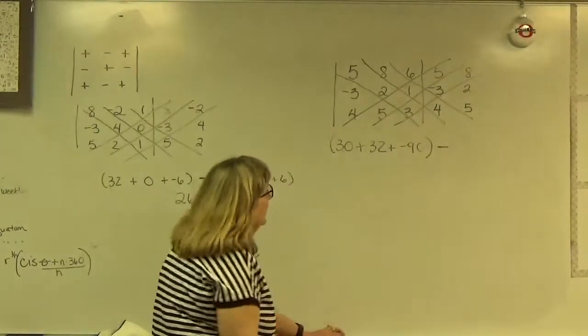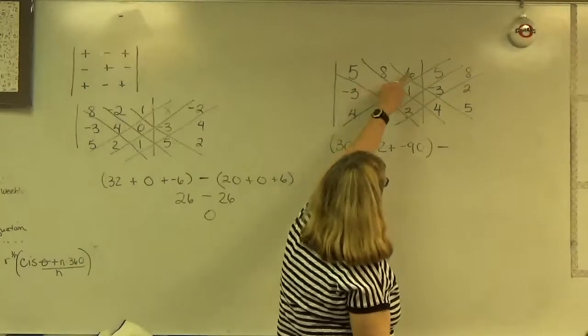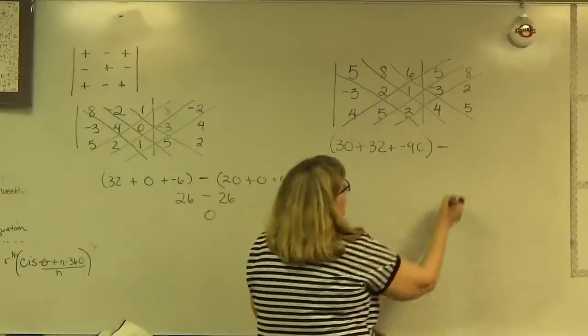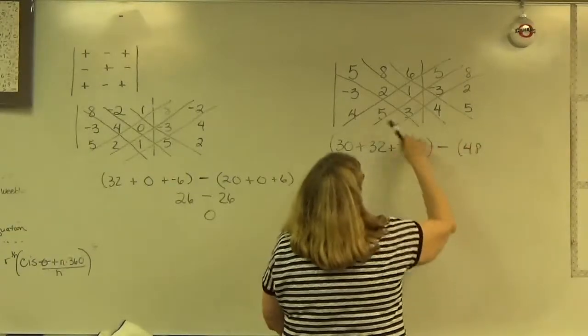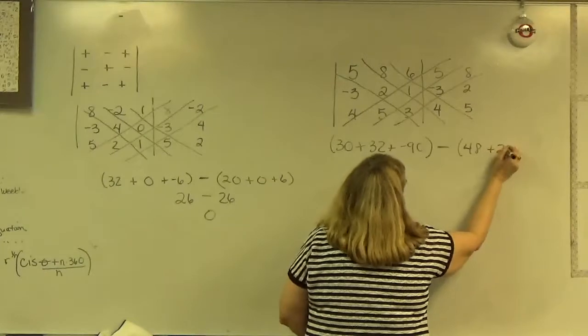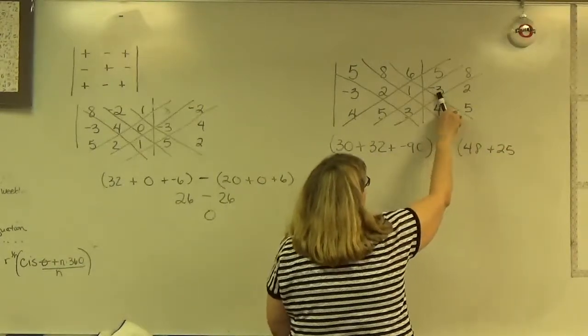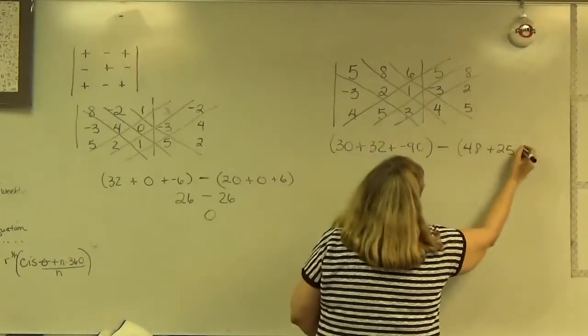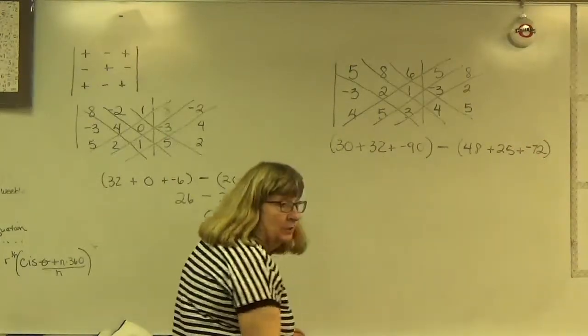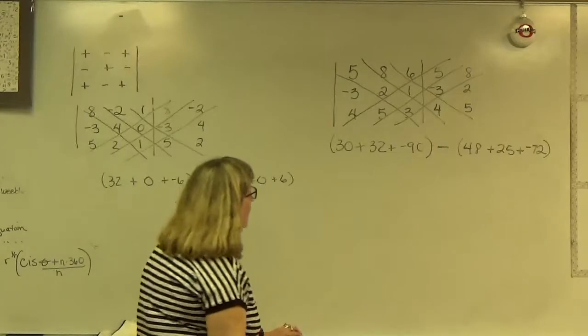Okay, so the first diagonal was 4 times 2 times 6. 48. The second one, 5 times 1 times 5. 25. And the last one, 3 times negative 3 times 8. Negative 72, are we in agreement? Yeah. And now, what do we get in this one?